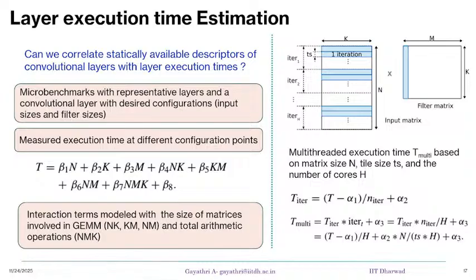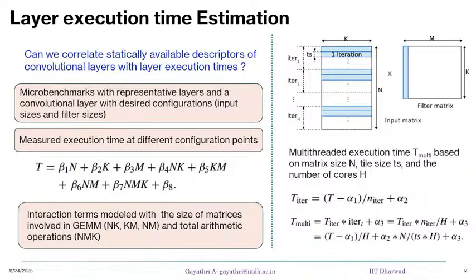This is how the multi-core execution happens. This is your input computation. When you are computing this input matrix, it is divided into chunks called iterations, based on a parameter called tile size.